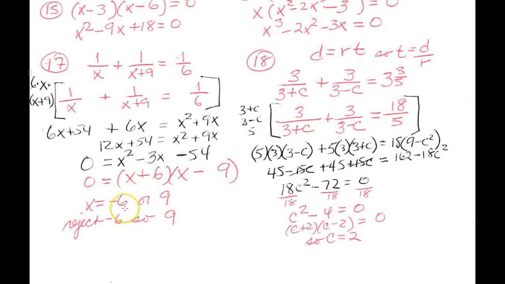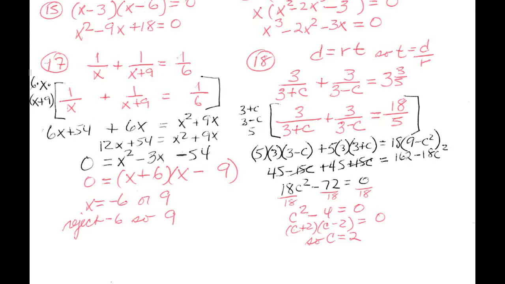Now, since you don't have negative 6 hours to do a job, we reject that, so our answer is 9, and that's the answer. That would be what x is. The other person would take 18 hours to do the job. But together, they get the job done in 6 hours. The beauty of algebra.